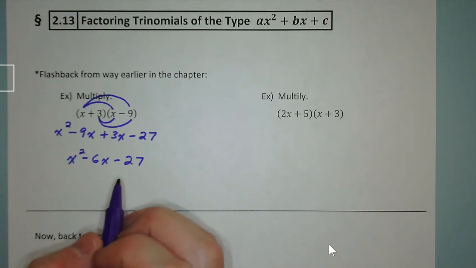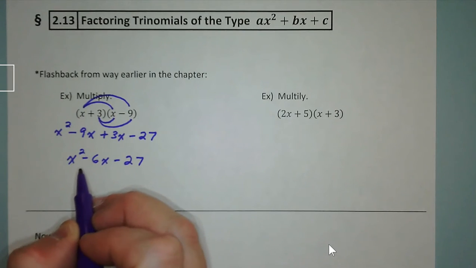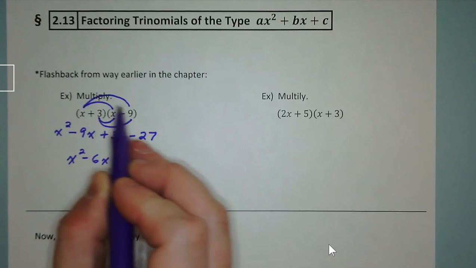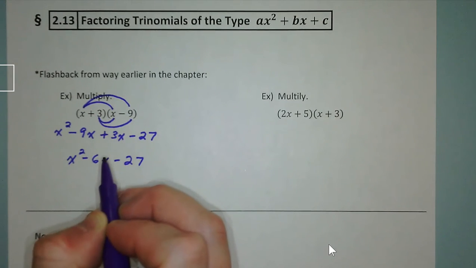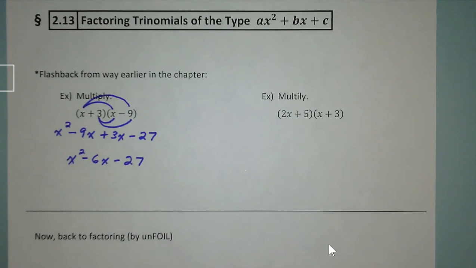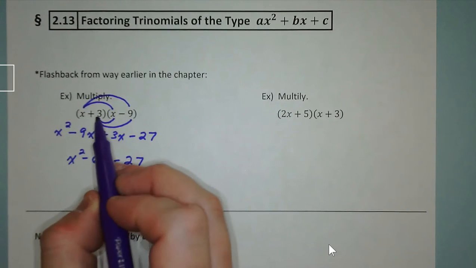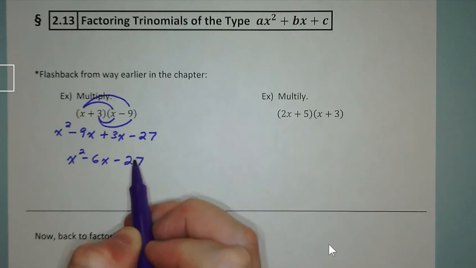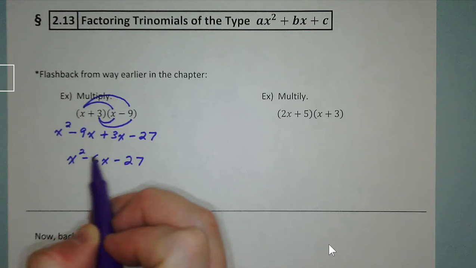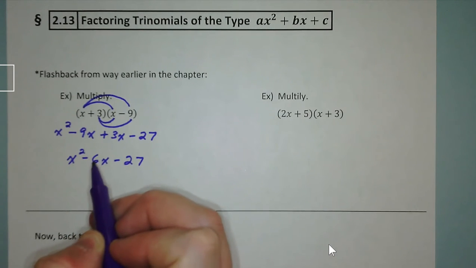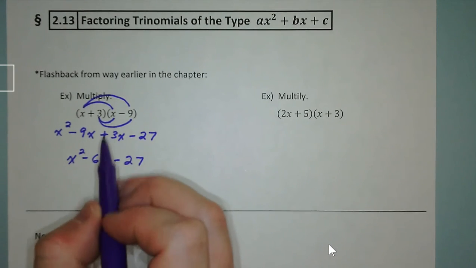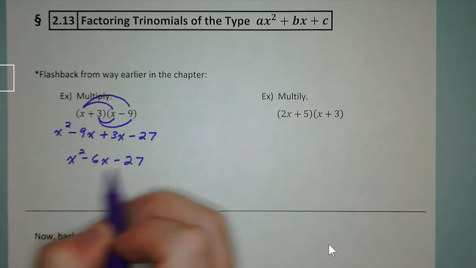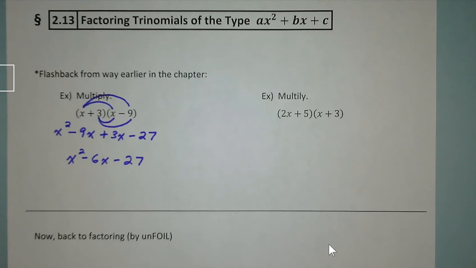The second method that we learned yesterday was unfoil. And when you think about how FOIL works, it's not tough to reverse engineer that. Notice how positive 3 times negative 9, you end up with a negative 27. But where does this negative 6 come from? The negative 6 comes from these two numbers eventually getting added up. So reverse engineering that is not difficult.